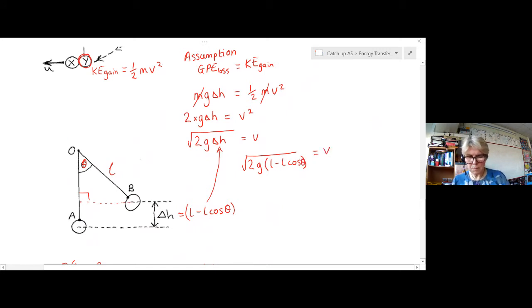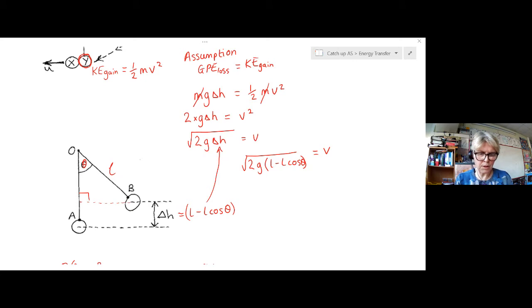Nobody's expecting you to remember these equations, but you are expected to identify the energy types and to be able to relate one energy type to another, because the conservation of energy law is a very fluid thing. Energy cannot be created nor destroyed, only turned from one form into another. So you have to be able to manipulate these equations and change from one side to another to get something else.